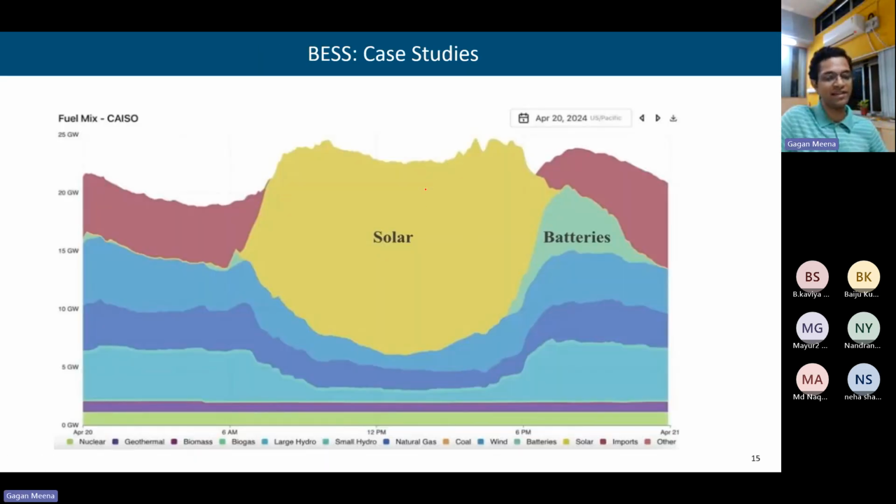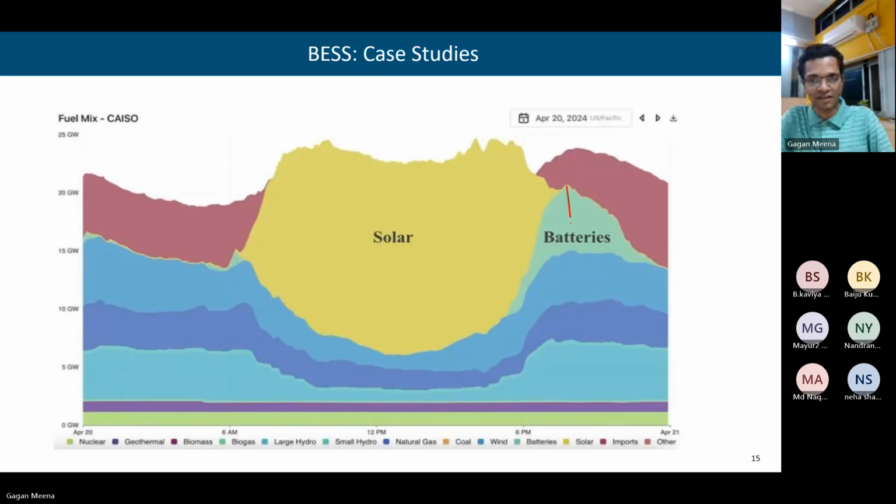We see these are the real-time case studies for battery energy storage. We were discussing that a battery will help to meet the ramp requirement. Here we can see this is for CAISO, California Independent System Operator. See in the daytime this much is solar, very high solar, and this is used to charge the batteries and then batteries are discharging.